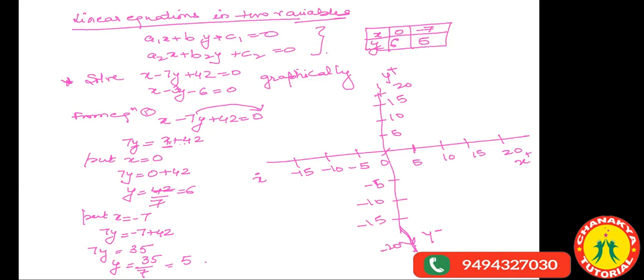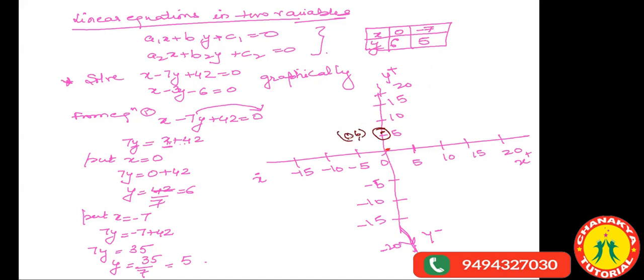So now plot the point 0 and 6. When x is 0, that means this point lies on the origin, and y is 6, so 6 lies here. This point is 0, 6.